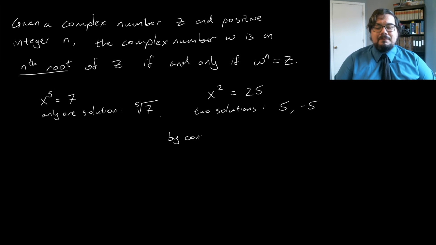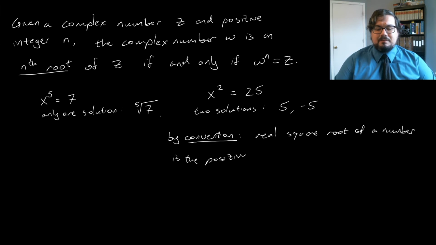Now, by convention only, the real square root of a number is the non-negative number satisfying something like x squared equals 25.